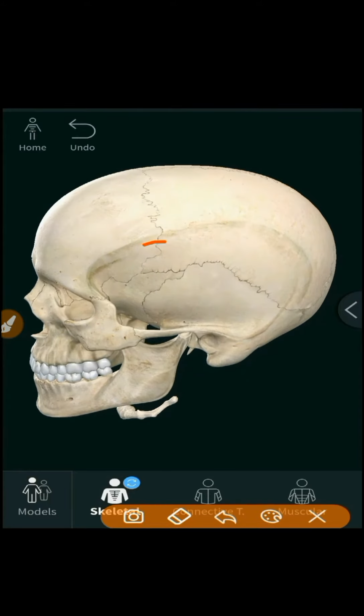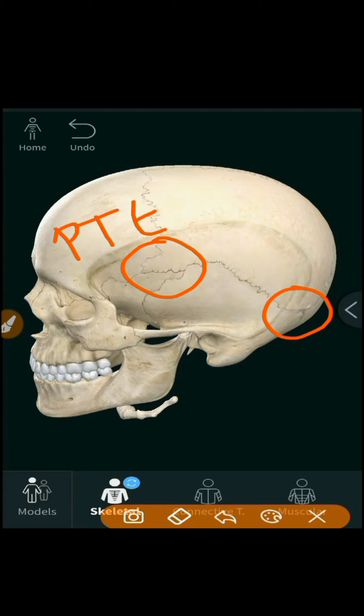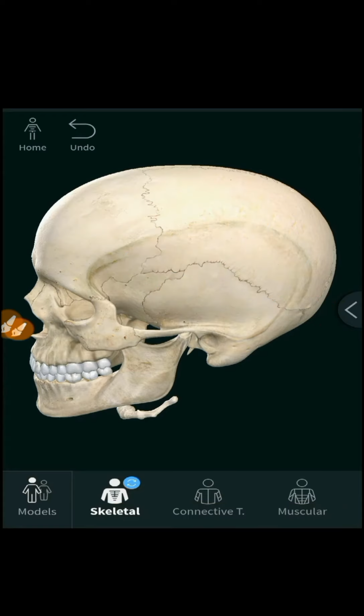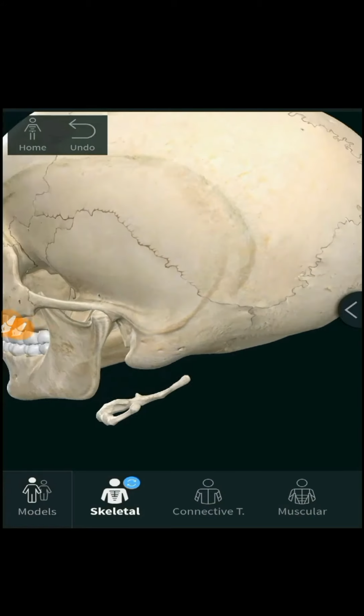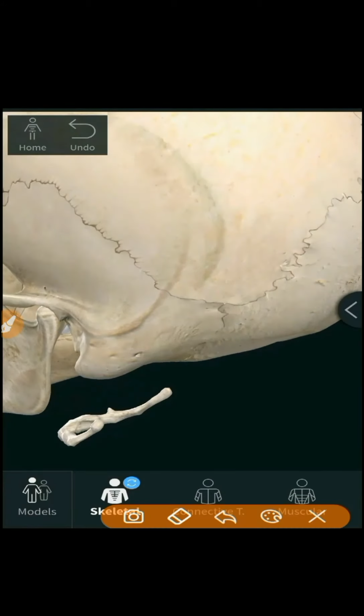And 2 other sites where fontanelles are seen: anterolateral is pterion, posterolateral is asterion. You can see pterion, where 4 bones meet, frontal, parietal, sphenoid and temporal, H-shaped suture, that is pterion, location of anterolateral fontanelle which fuses by 2 to 3 months of age.